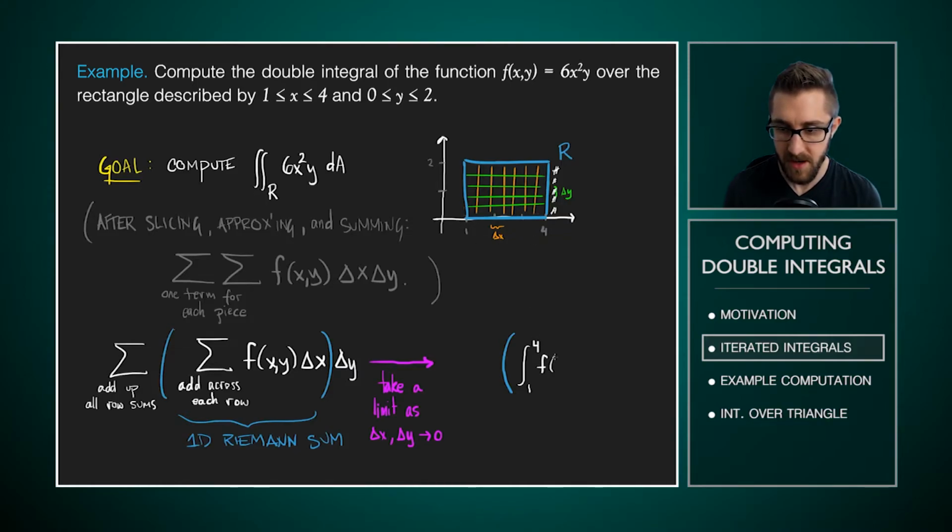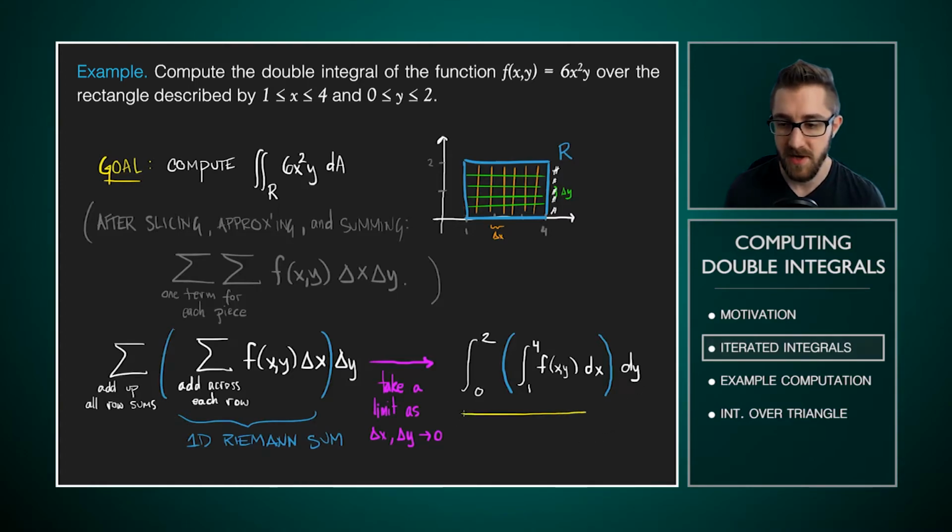The function we're integrating is still f of xy, so it's still that 6x squared y, and we're integrating dx. Dx you can think of as a small piece of the x-axis, or it just means integrate with respect to x. So inside here, we're integrating across each horizontal row or horizontal slice. And then on the outside, we want to integrate vertically, so we want to integrate with respect to y. Remember, y goes from 0 to 2, and then we'll put the dy on the outside.